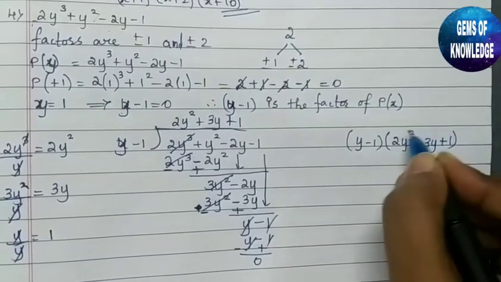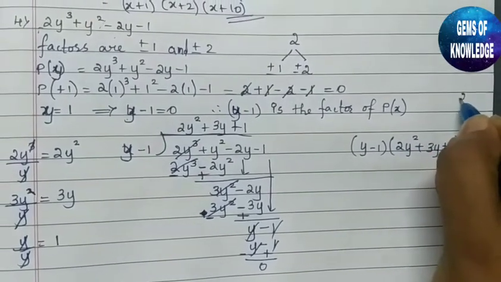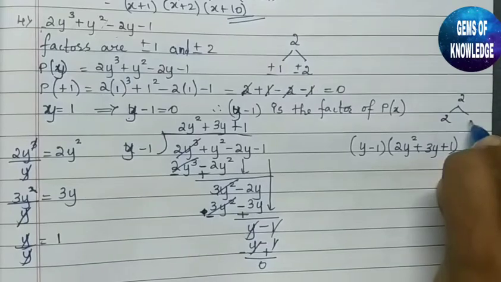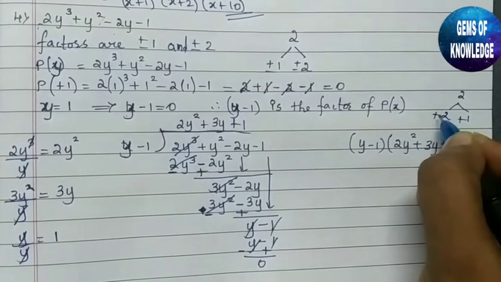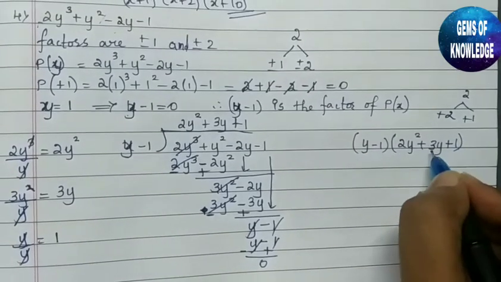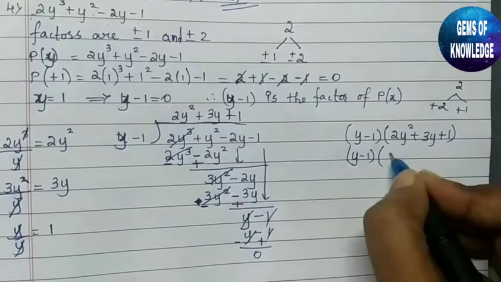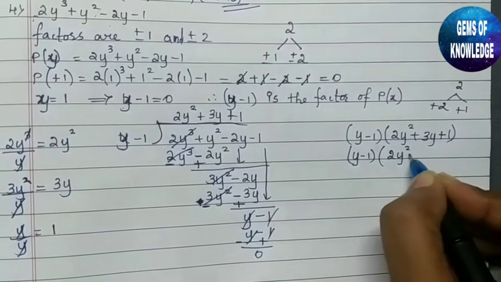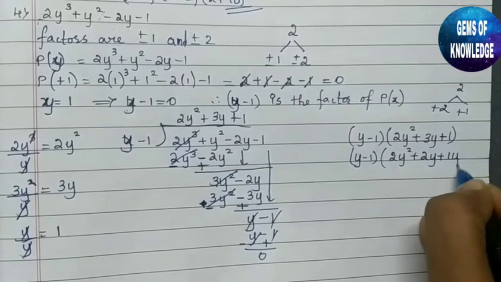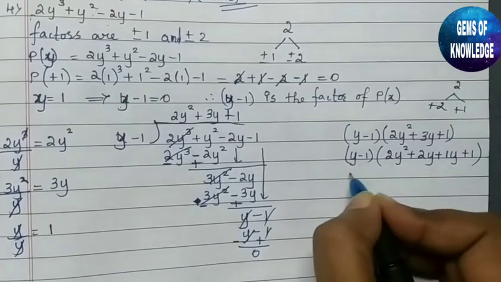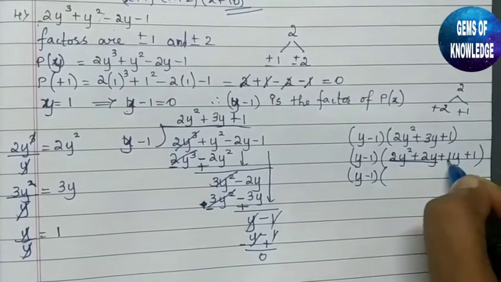So now we need to open this term here. Okay, so we are having 2 into 1, that is 2. So 2 into 1. So both plus we are getting. If we add both plus, that is 2 plus 1, we are getting 3. So y minus 1 will be as it is. So this will become 2y square plus 2y plus 1y plus 1. So y minus 1 will be as it is. So we need to group it here and this one.